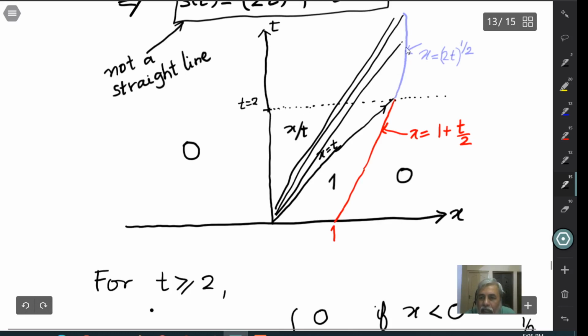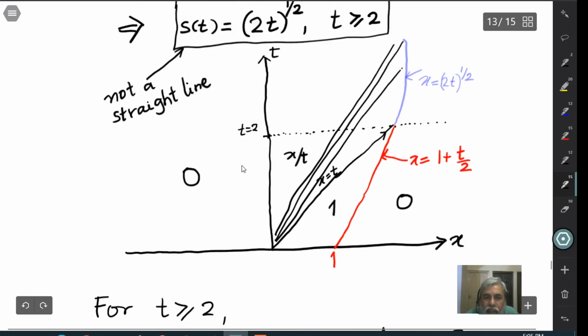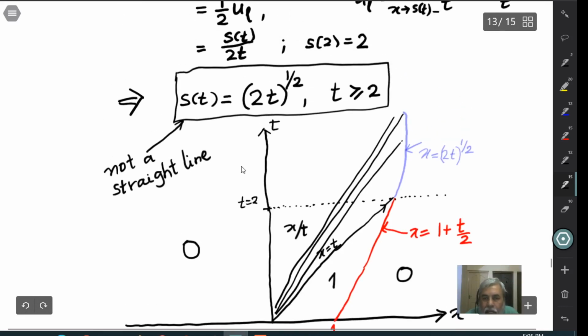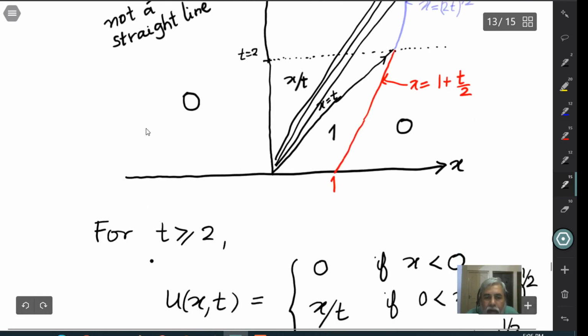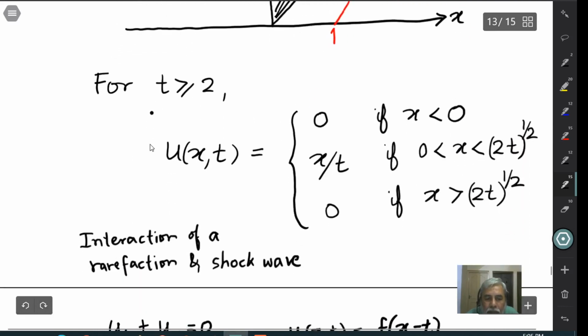So now it's a curve, 2t to the half. Because of that interaction, the shape of the shock changes from t equal to 2 onwards. So these are some of the observations we see here in the interaction of two waves.